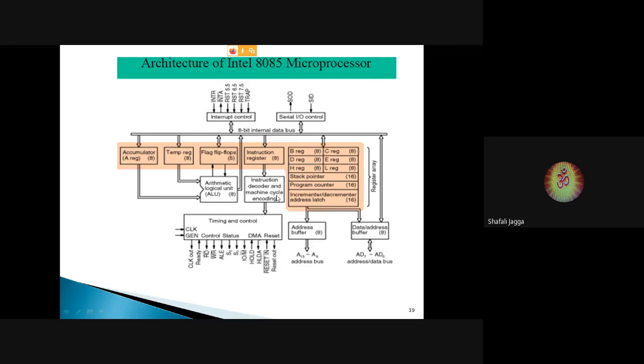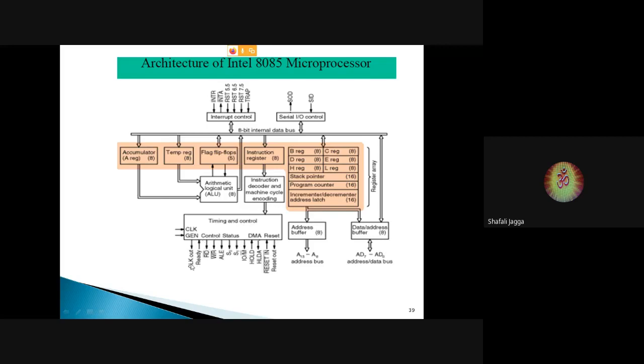In reset mode, the program counter is always initialized to 0000H, and it will suspend all its operation. This happens only when it is activated from the reset in bar pin.